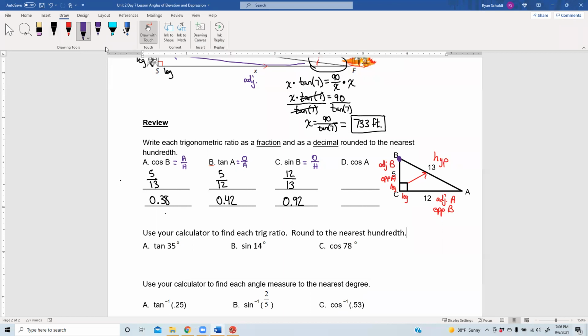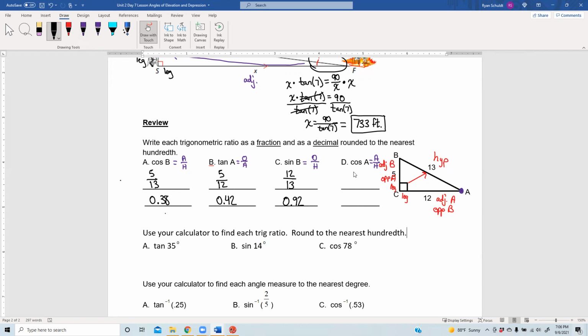And then the last part, cosine of A. So that's going to be adjacent over hypotenuse. So we go back to A. We already pretty much identified everything we can here. So which one did we write down as adjacent to A?